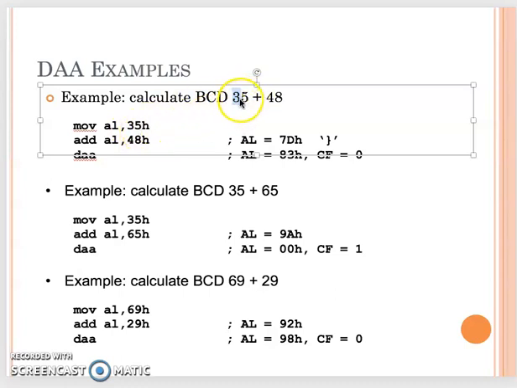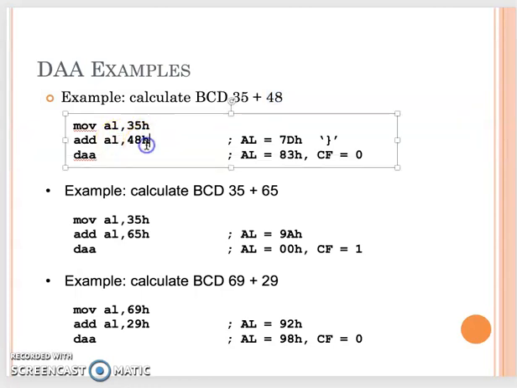So that is 35. For a human, you think of it as 35 decimal, but here we just write 35 hex. Then we move 35 hex into AL. Then for the other one, we add 48 hex to AL. That's why your result needs to be in AL.